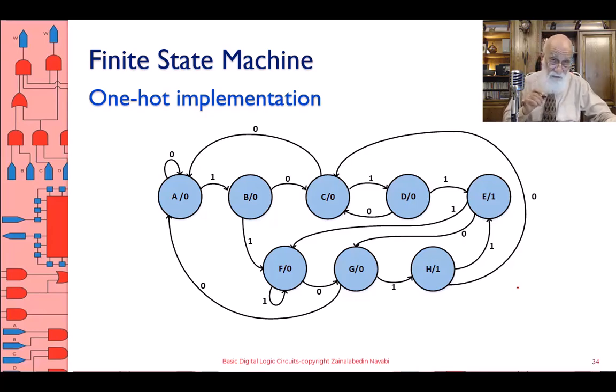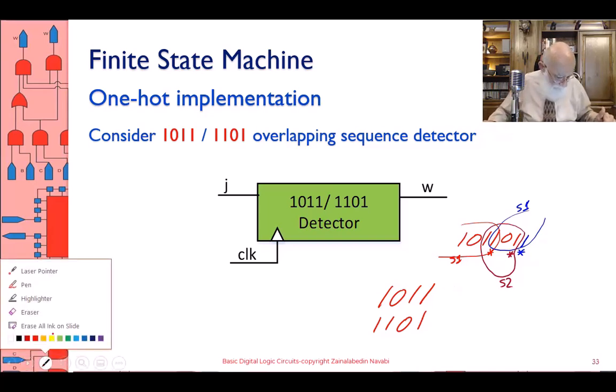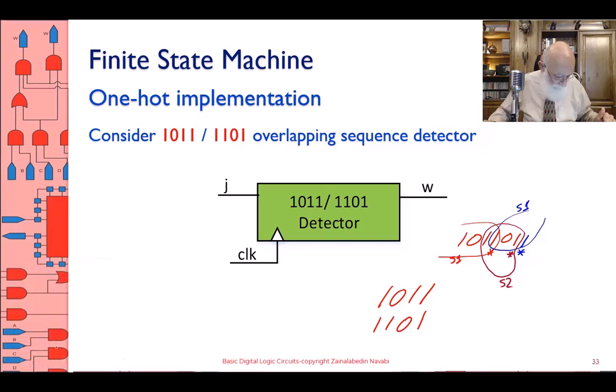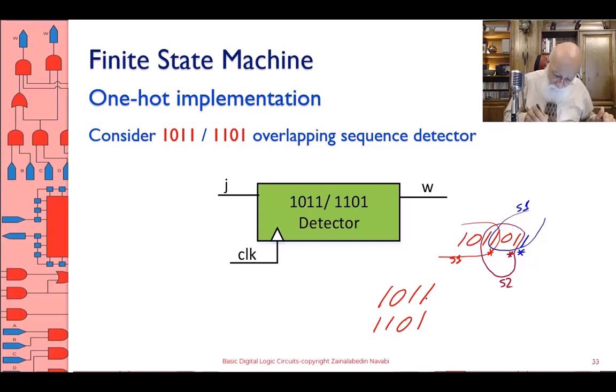So the way I'm going to do this is the following. I'm going to create a path for 1, 0, 1, 1. I'm going to make that light green. Turned out to be yellow.